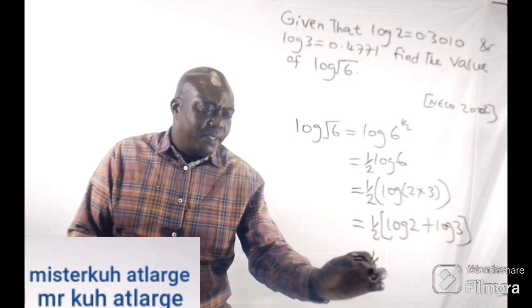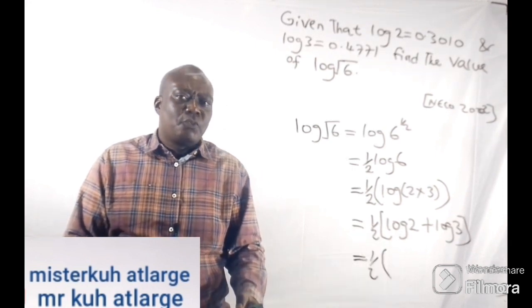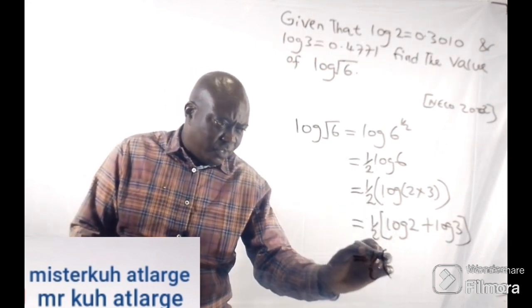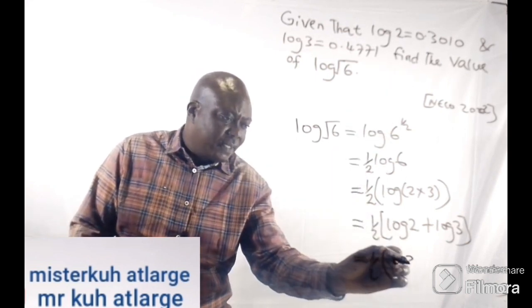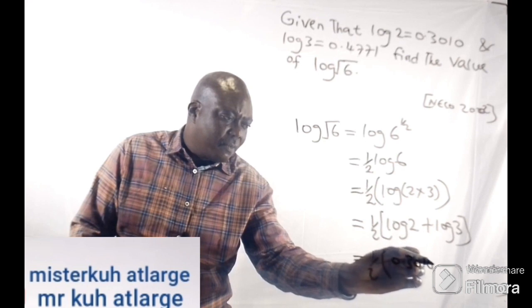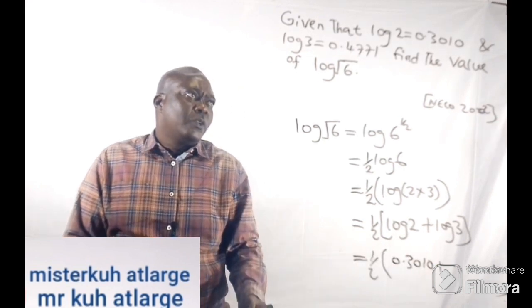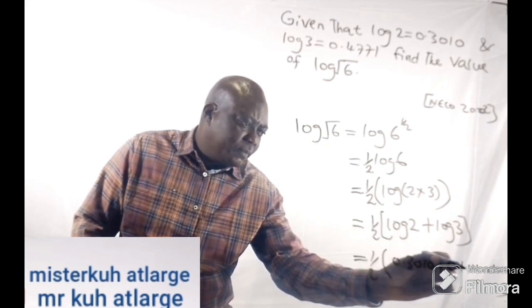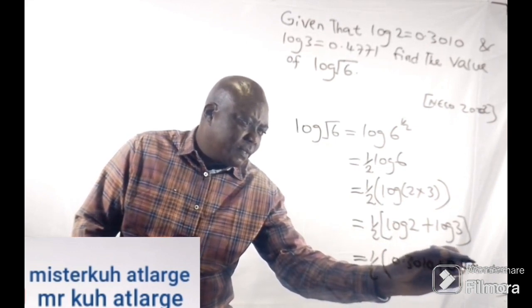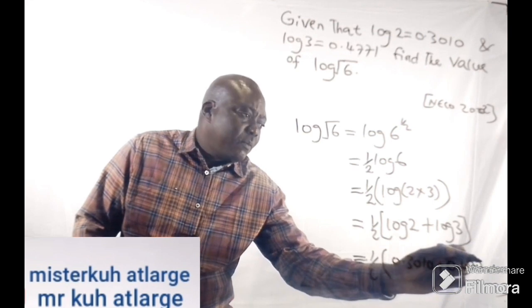So now the main thing, you now substitute, which will give you log 2, given here as 0.3010, plus log 3 is 0.4771.